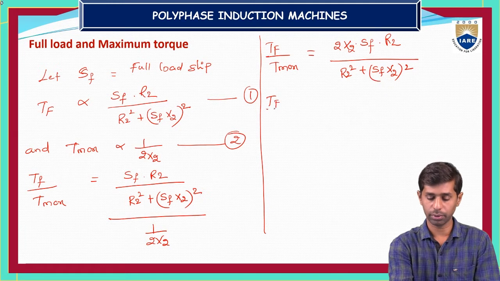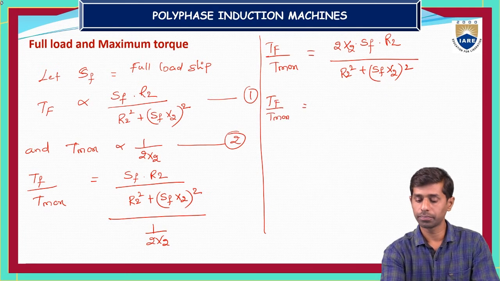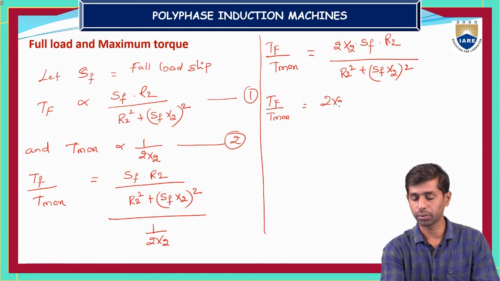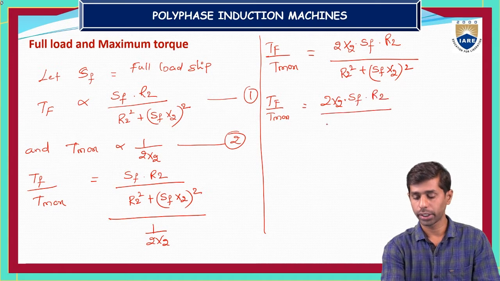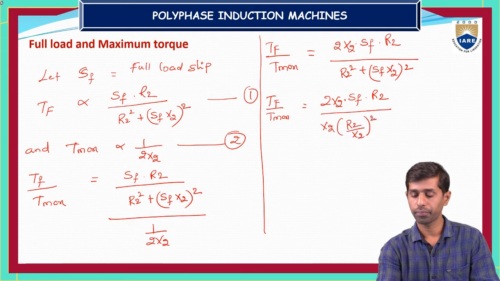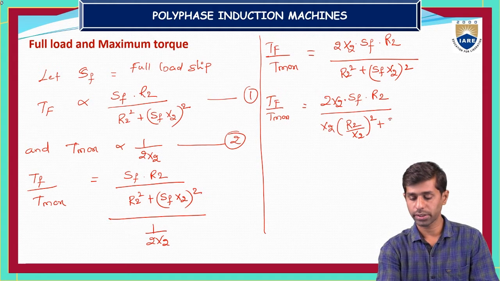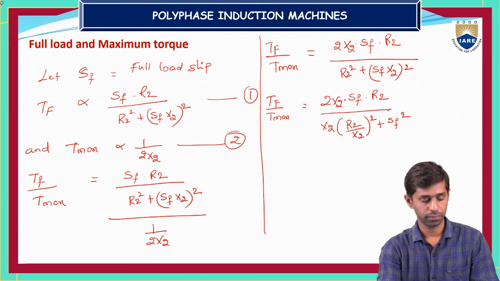TF by T maximum equals 2X2 into SF into R2 by, taking X2 as common, R2 by X2 whole square plus SF square.